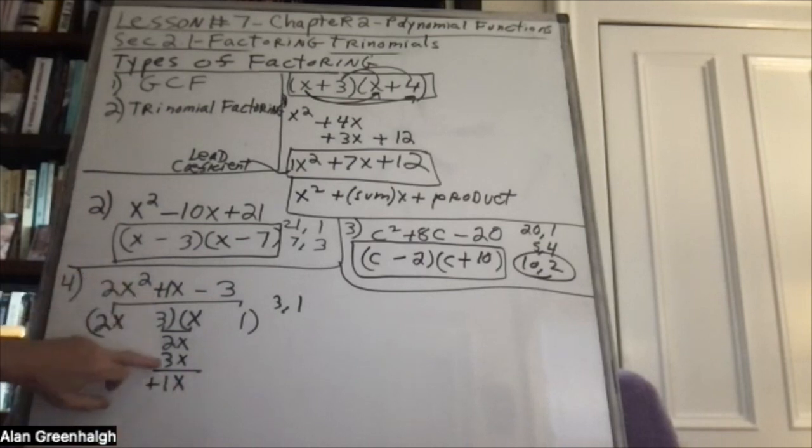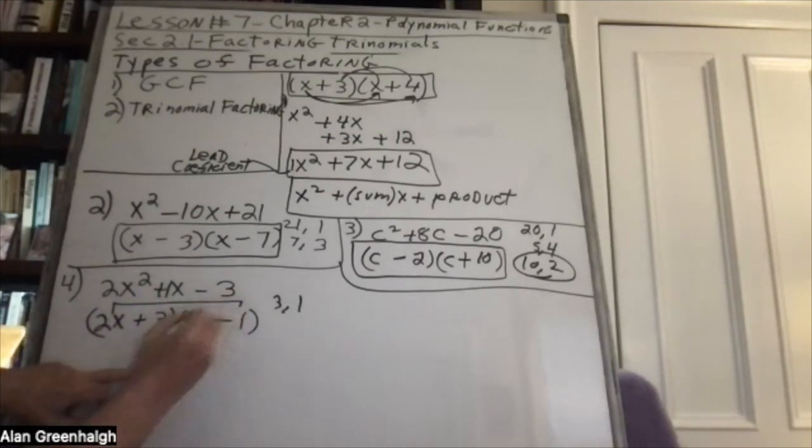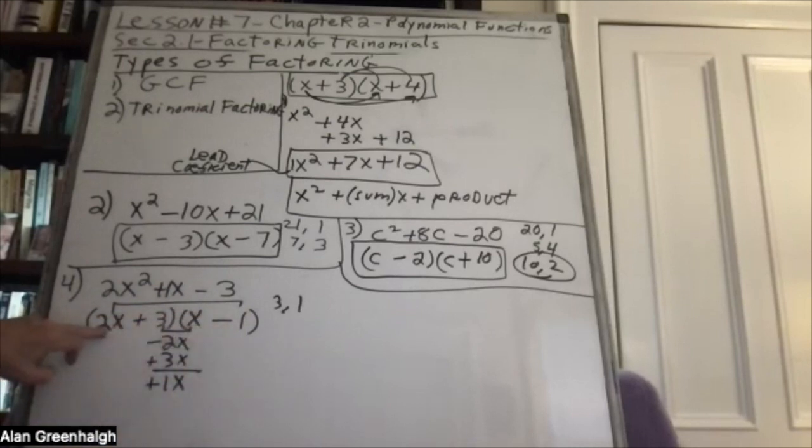So what has to happen? This has to be positive, and this has to be negative. So the 3 has to be positive, and therefore the 1 times 2x has to be negative.